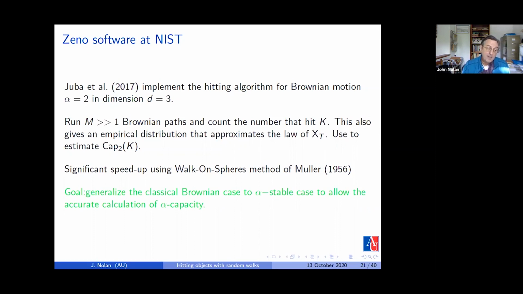What we are doing right now is we want to generalize this classical Brownian case to what's called an alpha stable case, to allow accurate calculation of this alpha capacity. Zeno will calculate the 2 capacity of a very complicated set, so we want to be able to do the same for alpha capacity using this connection with random walks.